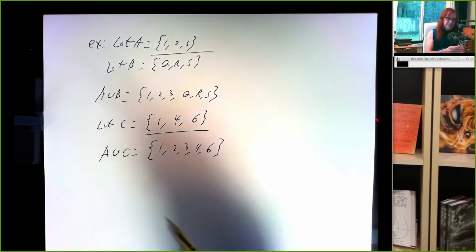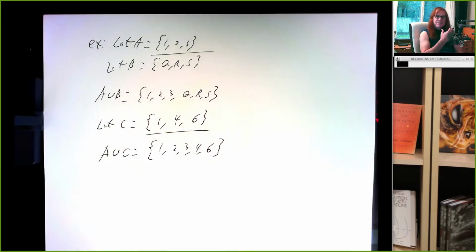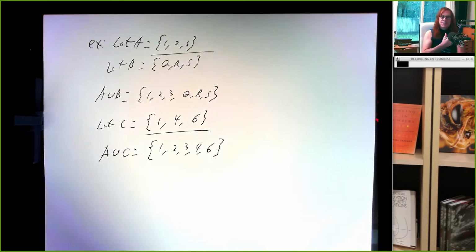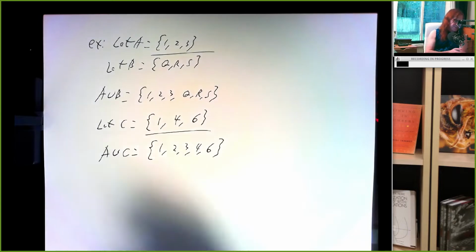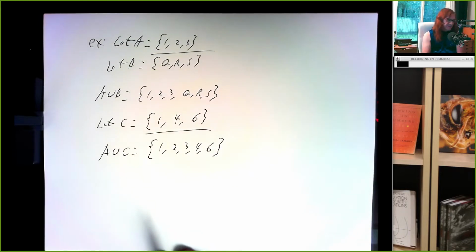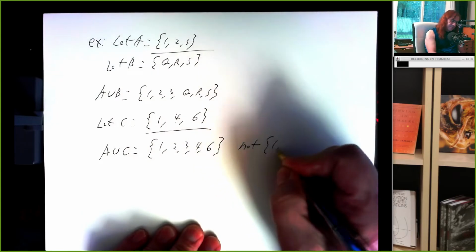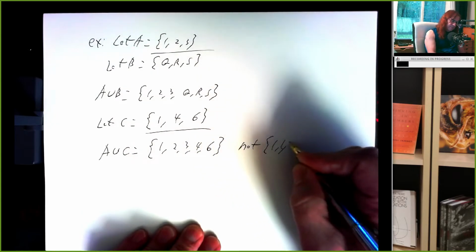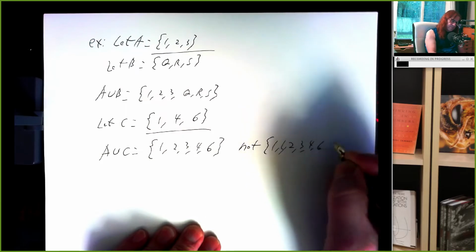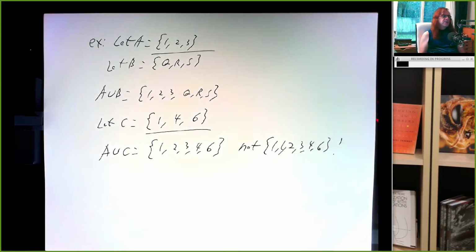There's a 1 in C, so there's a 1 in the union. But 1 does not magically appear twice in the union. A set is simply a notion of what are the elements of this collection. And in this case, the elements are 1, 2, 3, 4, and 6. So 1 is not listed as an element twice.